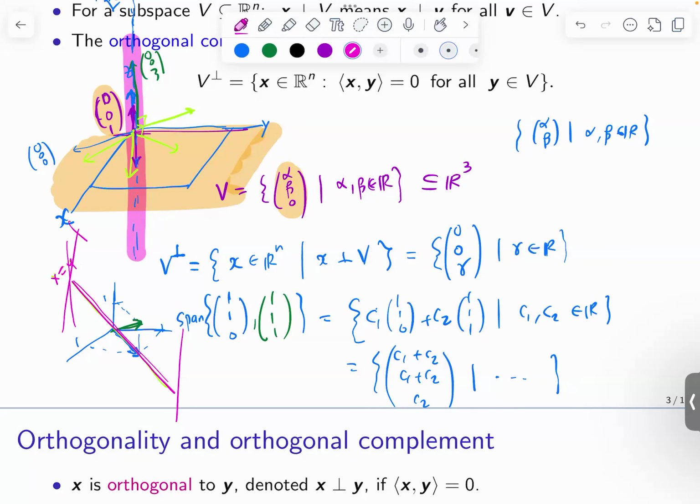So it would be this plane. Anything on this line, and then all the lines that are parallel to it in the z direction. Okay, so that's a subspace. It's a non-trivial subspace.